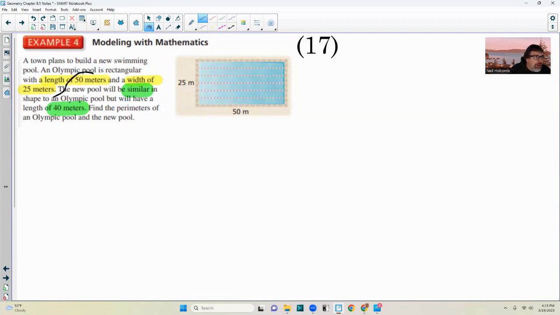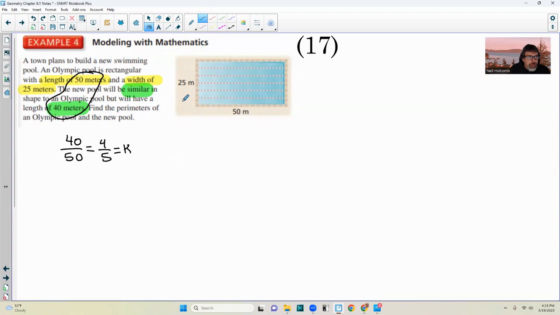What we know are these two lengths, the length of 40 and the length of 50. So our scale factor K will be 40 to 50, which reduces to 4 over 5. We didn't know the width of the new pool, but the width of the Olympic pool is 25.